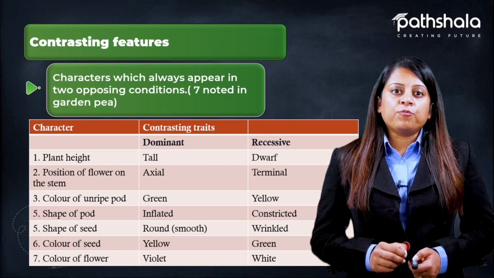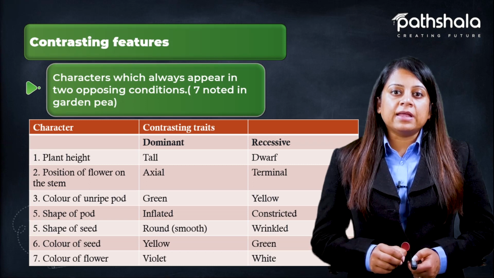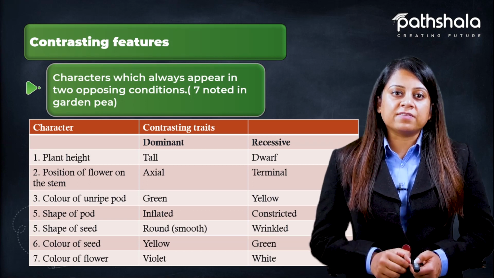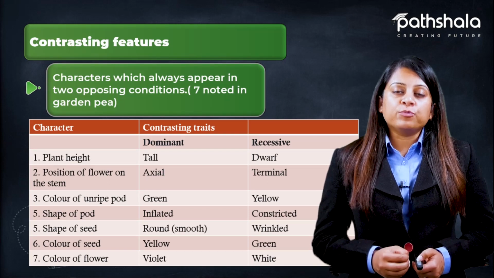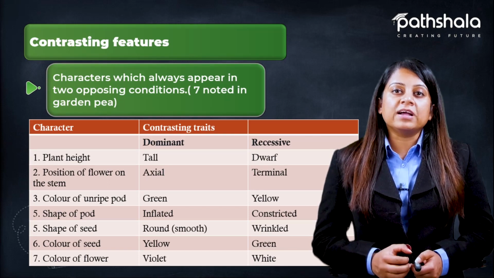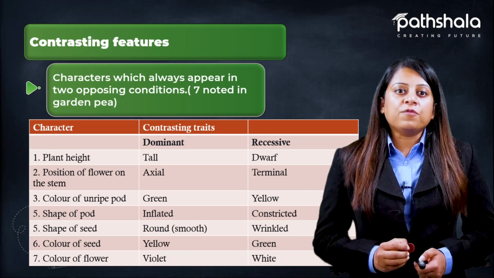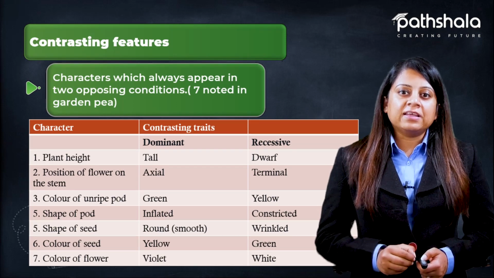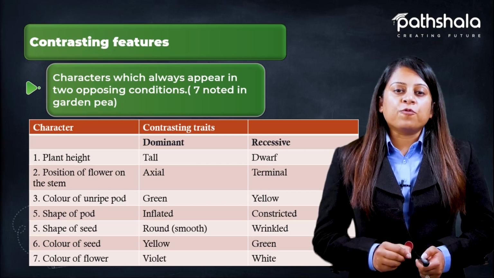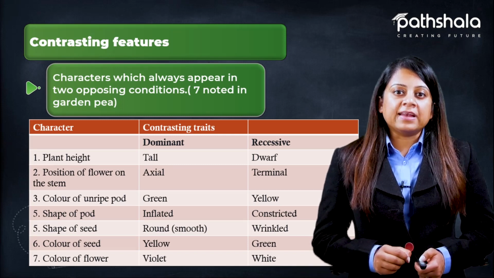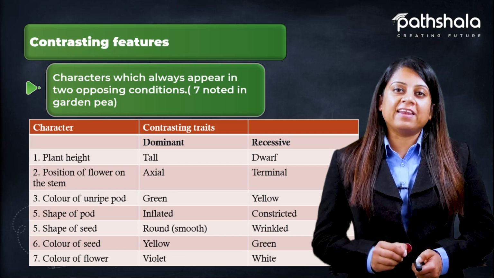Inflated shape of pod was seen in dominant, whereas constricted in recessive. Talking about the shape of seed, it was round and smooth in dominant, whereas wrinkled in recessive. Color of seed was yellow in dominant and green in recessive, and the violet color of flower was seen in dominant, whereas white was seen in recessive.